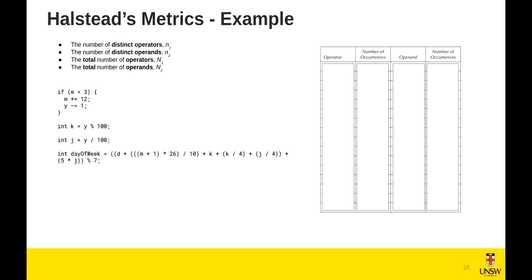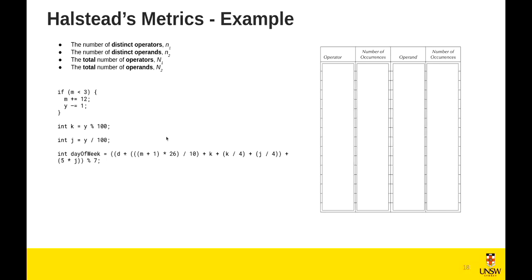And let's have a quick look at this example here. This example is to calculate the day of week given the number of month, day, month, and year, denoted as M, Y, and D. So if we get M, Y, and D, we can get the day of week.